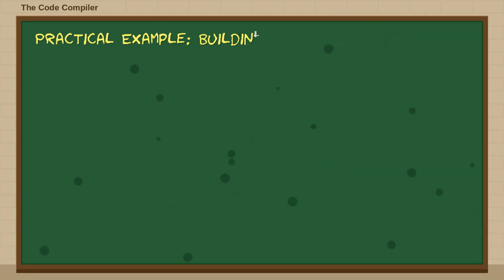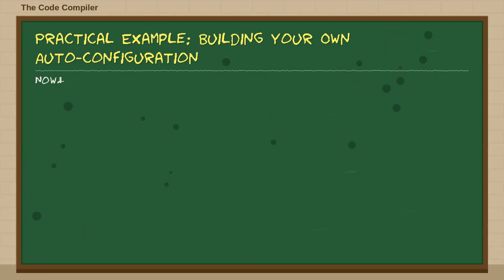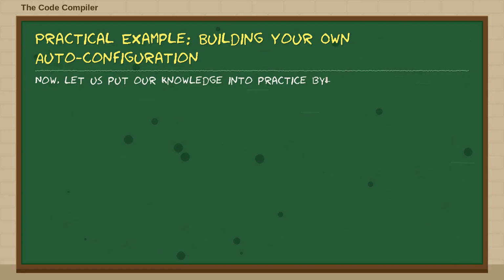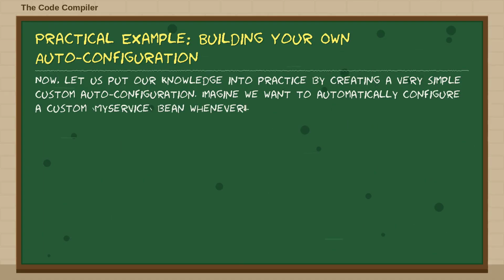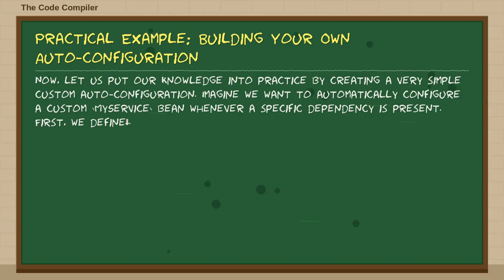Now, let us put our knowledge into practice by creating a very simple custom auto configuration. Imagine we want to automatically configure a custom MyService bean whenever a specific dependency is present. First, we define our MyService class.